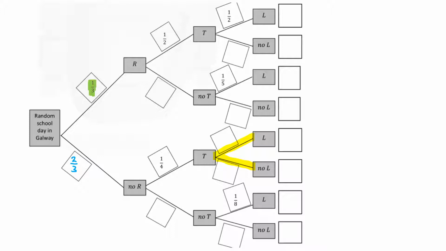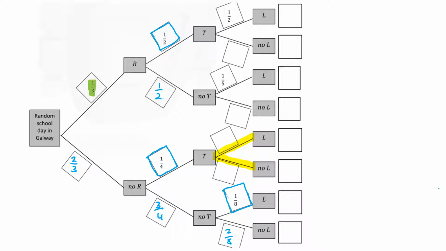Similarly here, I'm looking at this box here, this is a half, so this must be a half. Here is a quarter, so this must be 3/4. Remember, they asked us to do it in fractional form, so that's what we're leaving it as. Here they've said an eighth, so the rest must be 7/8.